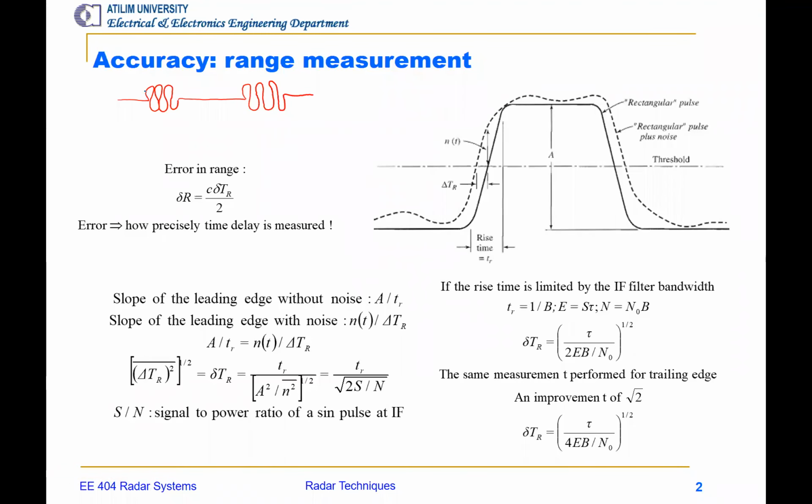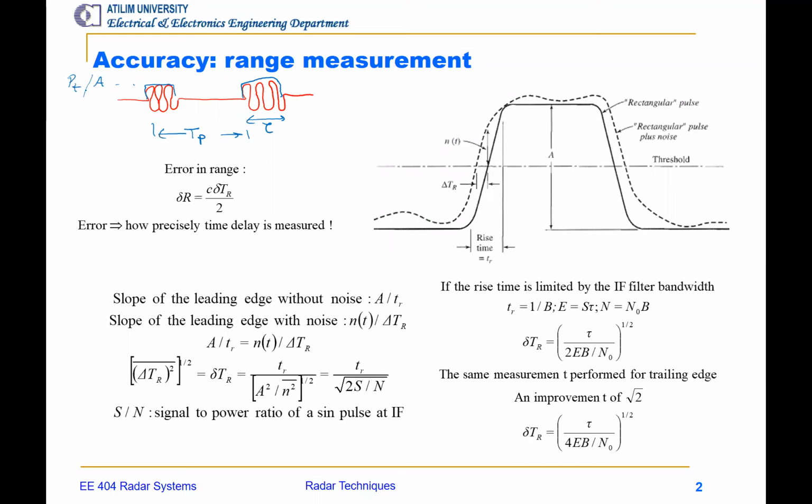We have pulse duration or pulse width, which is tau, and pulse repetition interval, let's say TP here. And we got an amplitude A or power, peak power, whatever we use.